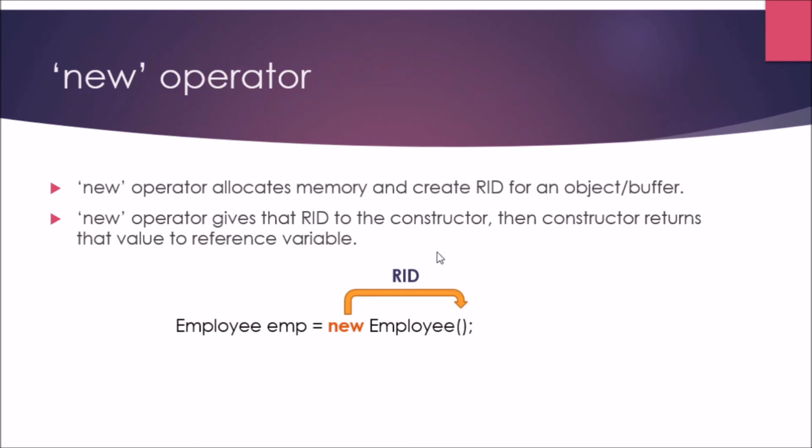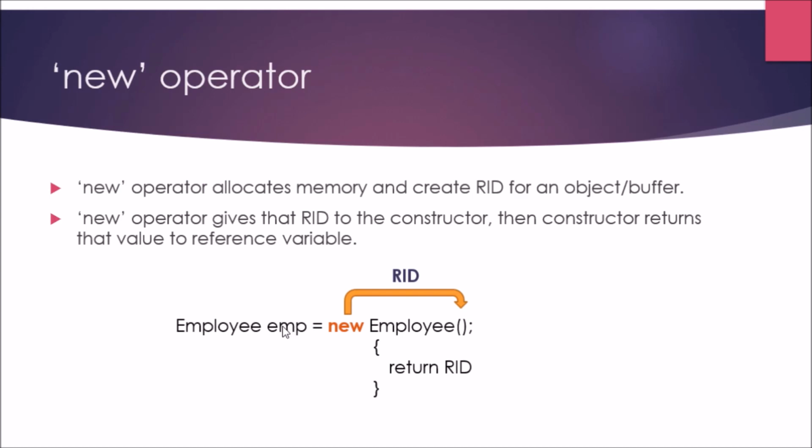For now, just understand that the new operator is returning the address or RID of an object to the constructor, and then the constructor will return that RID to this reference variable. This variable, which is of the type of any class, we call a reference variable. That RID will get stored in this variable.